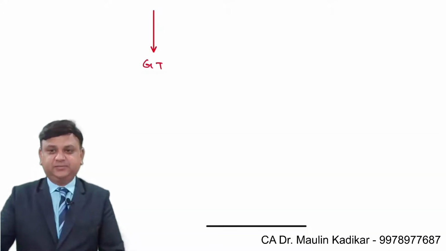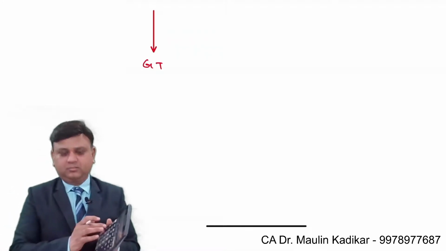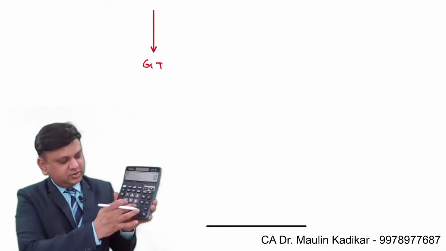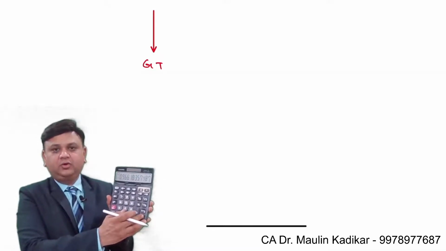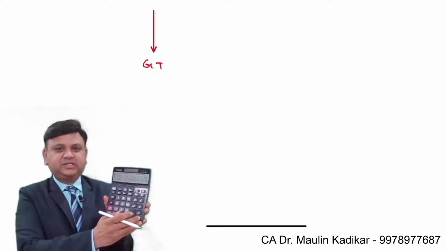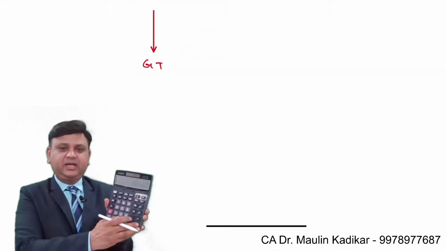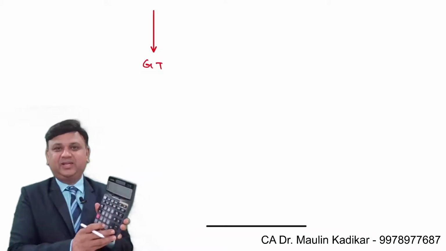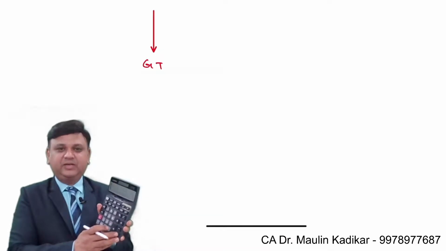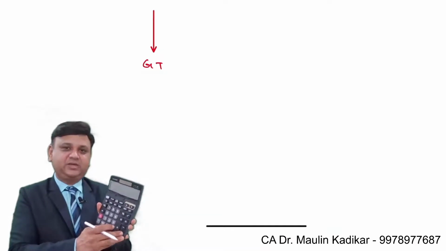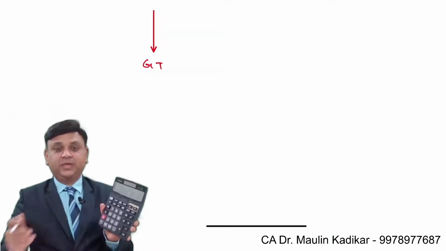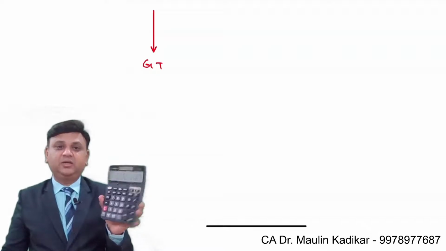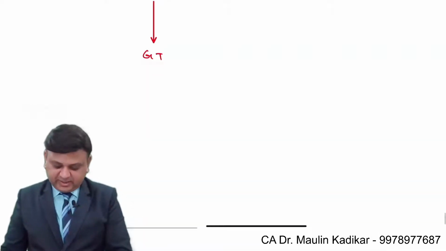In that case, what you have to do is 1 divided by 1.035, then press equal to for 30 times, counting 1, 2, 3, up to 30. Then you press GT. You will get the answer 18.3920.